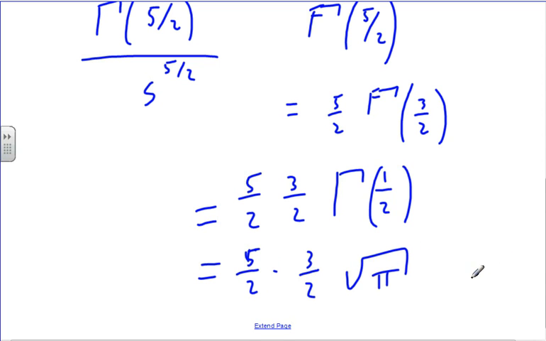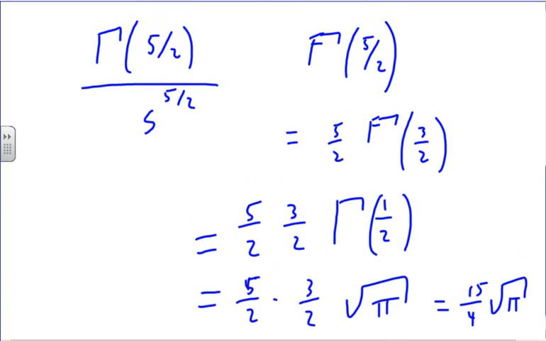There we go. 15 over 4 square root of pi. See, I did it without a gamma function table.